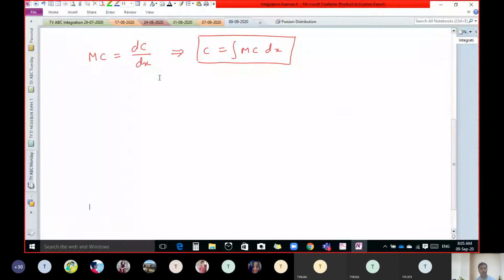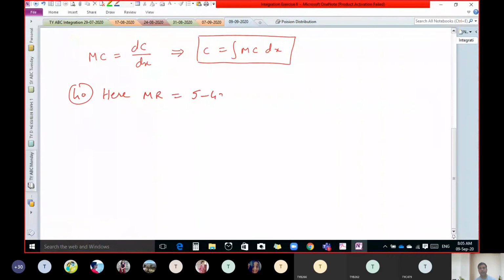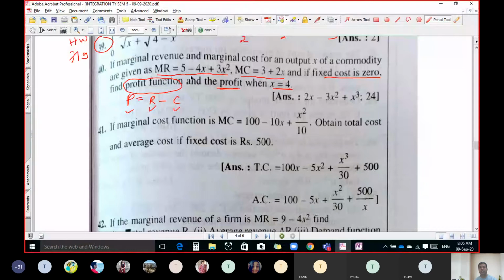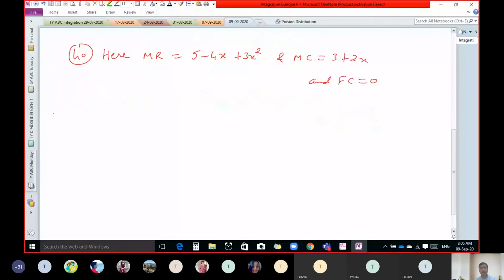Question number 40. Here, marginal revenue equal to 5 minus 4x plus 3x square, marginal cost equal to 3 plus 2x, and fixed cost equal to 0. So this information we have. Now, first step, find out revenue.